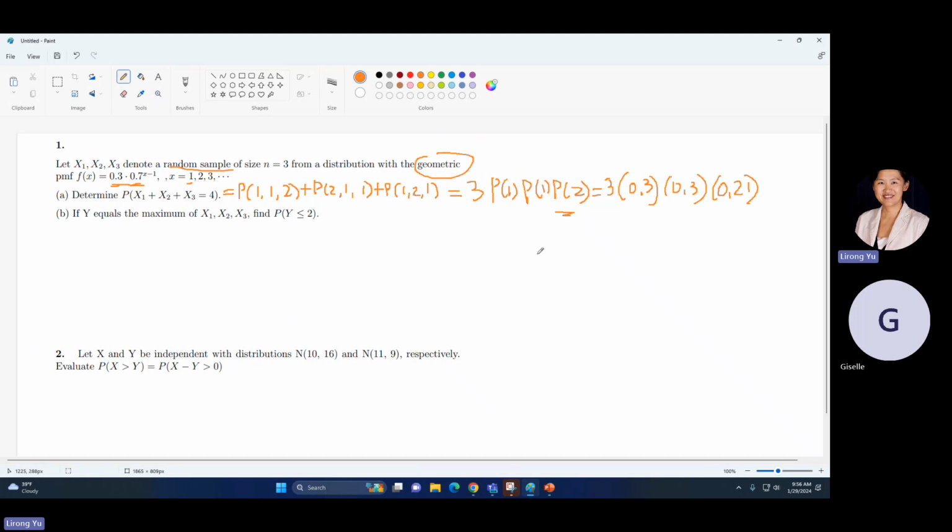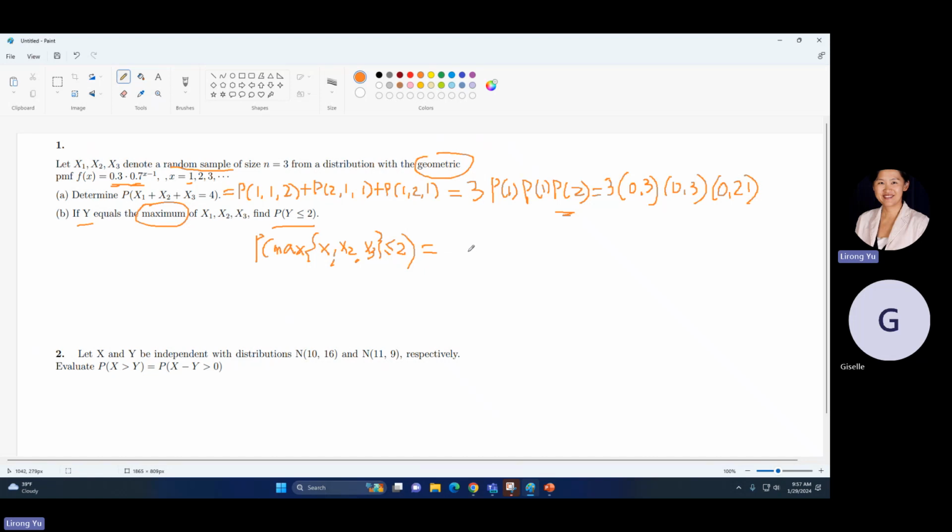So part A done. Part 2, the y is representing the maximum. So if you want the probability that y, the maximum between x1, x2, x3, is less than or equal to 2, then everyone has to be less than or equal to 2.